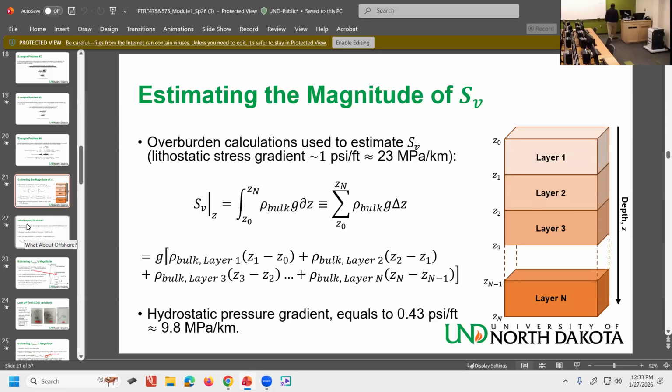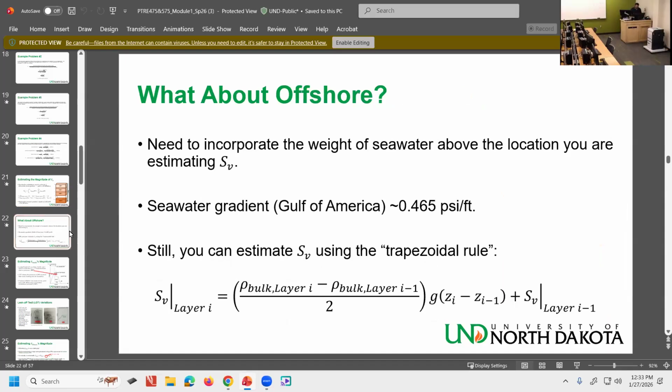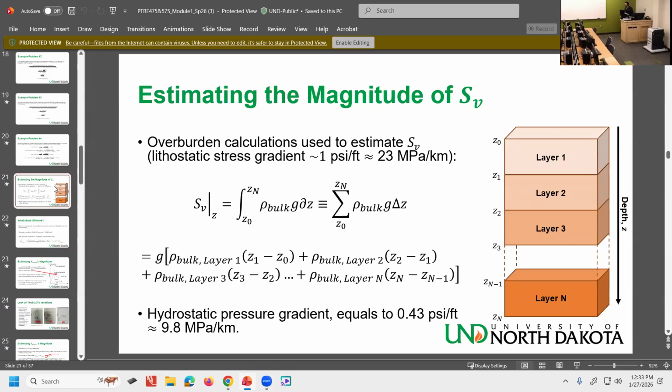For the geologist who has to estimate those values, it's more challenging. I have shown 2 ways to approximate it, but ultimately, whatever way you use, you are basically solving this integral that I have here, which is approximated by this.